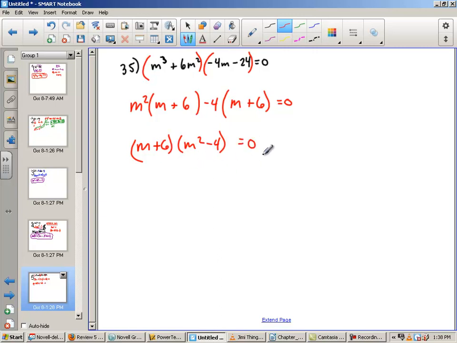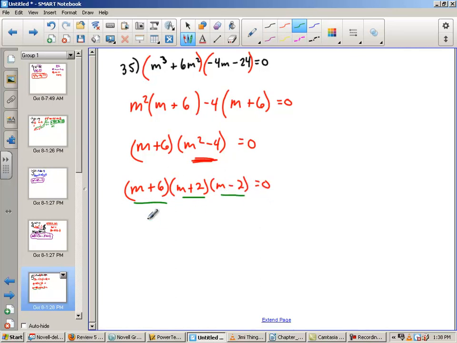I could set each of these parentheses equal to 0 and be done, start solving. Or, since this one still factors, it's a difference of squares, I have m plus 6 times m plus 2 times m minus 2 equals 0. To solve this, all I need to do is ask what makes each of these 0.